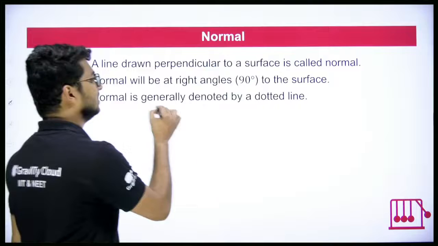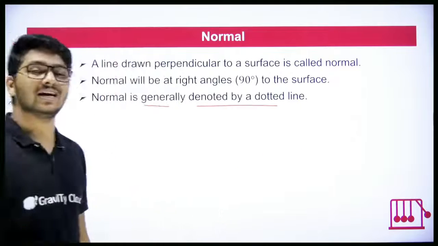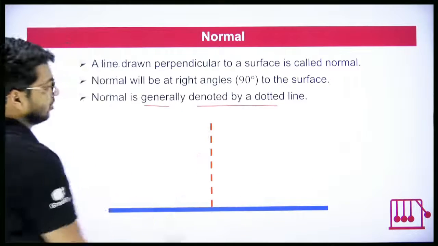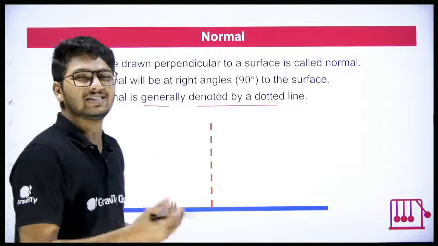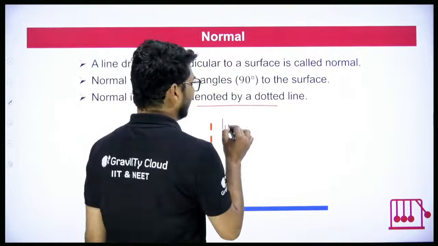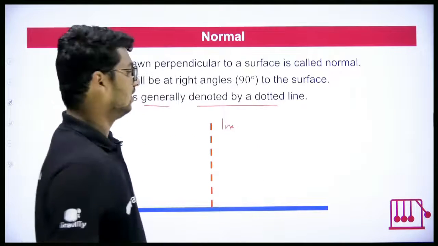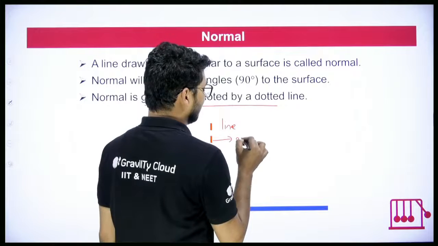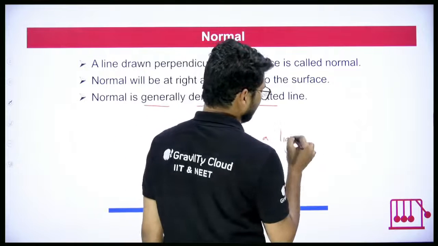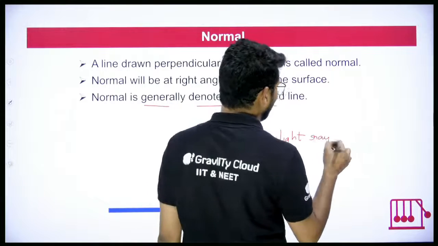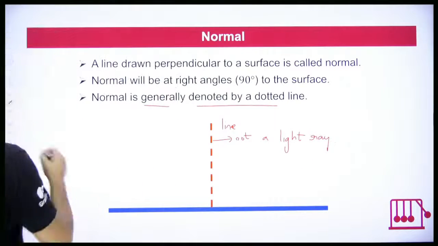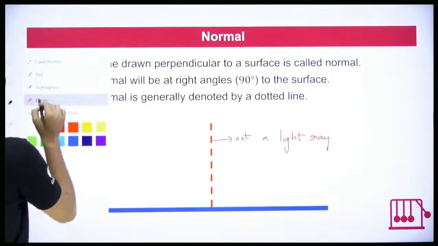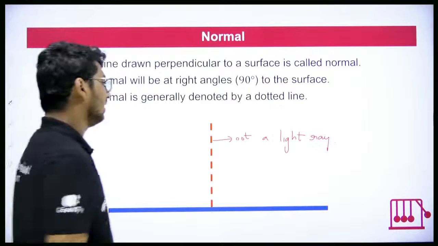And normal is generally denoted by a dotted line. So if this is a surface, for that we draw a normal. So normal is just an imaginary line. It's a line, that's it. It has nothing to do with light. It is not a light ray. Very important. Many get confused with this. Many think that normal is also a light ray, but it is not.